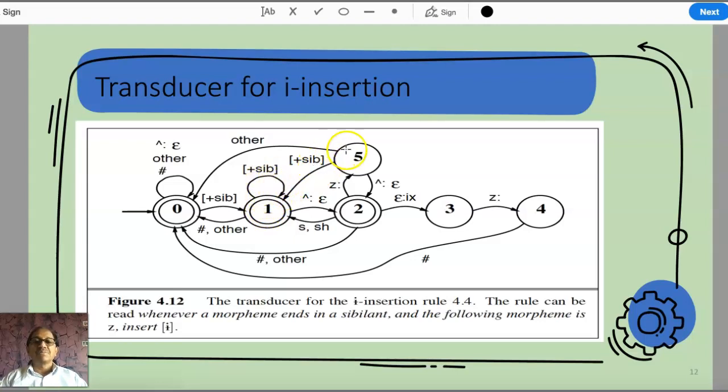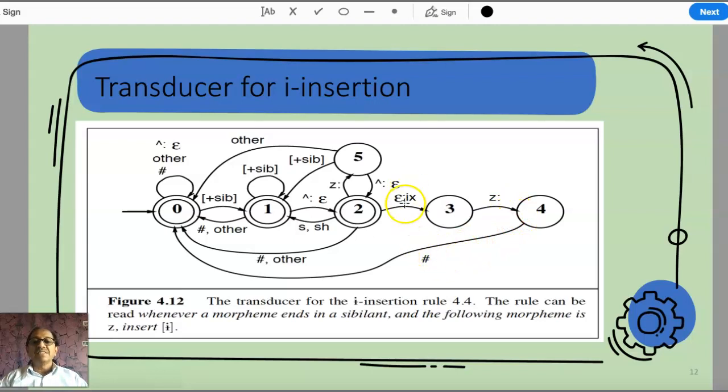If the word comes across a sibilant, if the word ends in a sibilant, that can lead to the morpheme boundary which becomes empty. Then that empty can be substituted with e, and that is followed by z at the lexical level and followed by boundary.